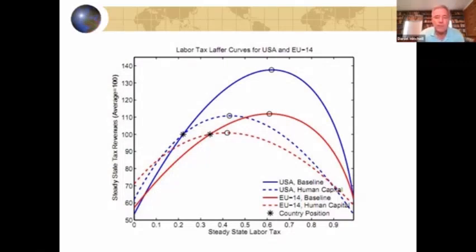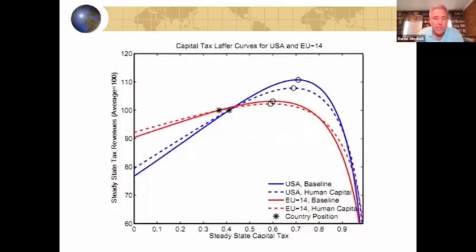So this is their estimate for labor taxes, and this is their estimate for capital taxes. And this example is even more dramatic because you'll notice that the curve is flatter. So in other words, every time politicians increase the tax rate, the revenue they get, even on the left side of the curve, the additional revenue they get is going to be very small compared to the amount of private economic activity they destroy. And so what I'm really trying to do here is to help explain to you why you don't want to be on the revenue maximizing point on the curve.